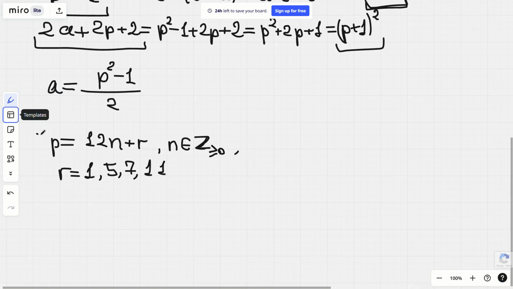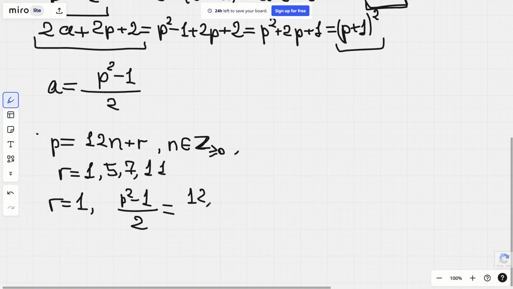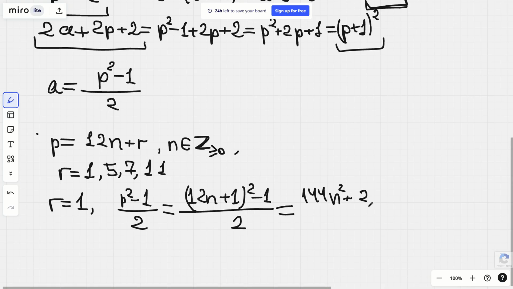Now let's see what we can do here. So if r equals 1, then p squared minus 1 divided by 2 equals 12n plus 1 squared minus 1 divided by 2, which is 144n squared plus 24n plus 1 minus 1 divided by 2, and of course it will be 12 times 6n squared plus n.